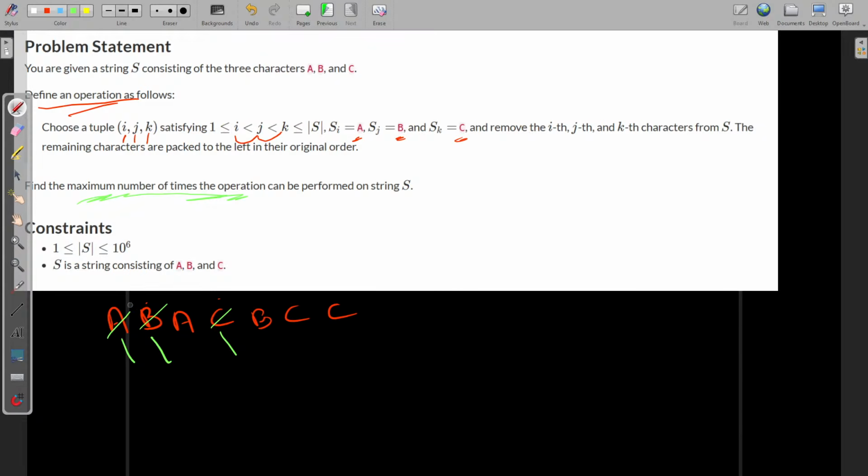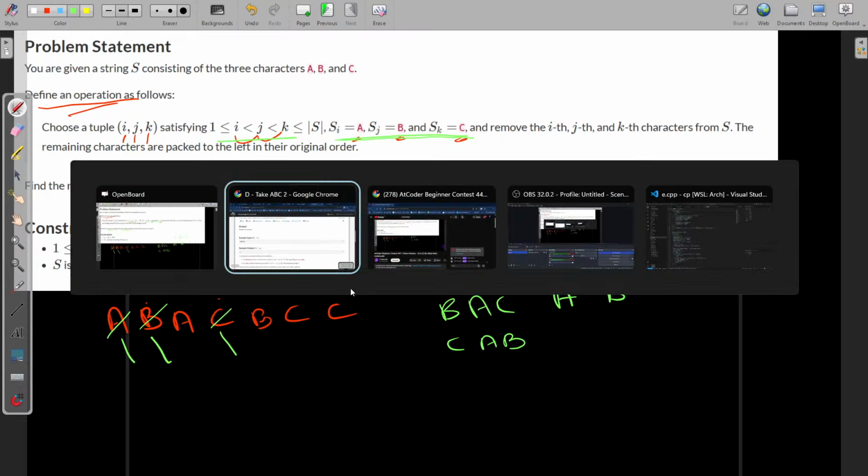So the operation is select 3 indices, and the indices should correspond to A, B, and C. Something like BAC would not work, CAB would not work, because it strictly mentions that i is less than j is less than k, and i corresponds to A, j corresponds to B, and k corresponds to C, as you can see over here. So these are the corresponding things, right?